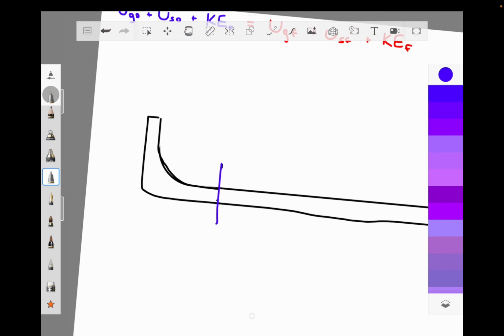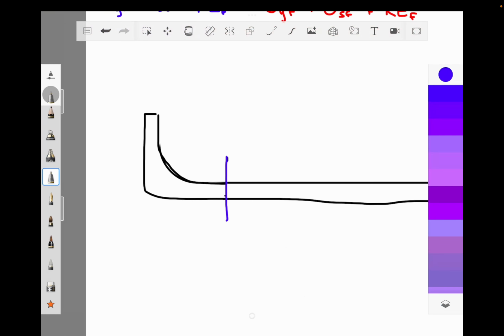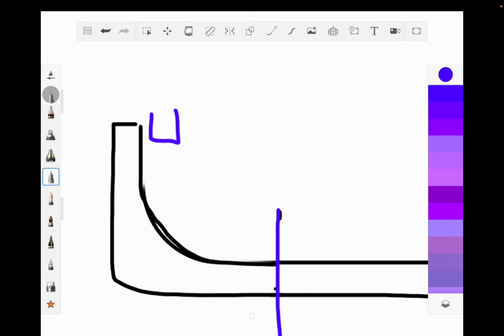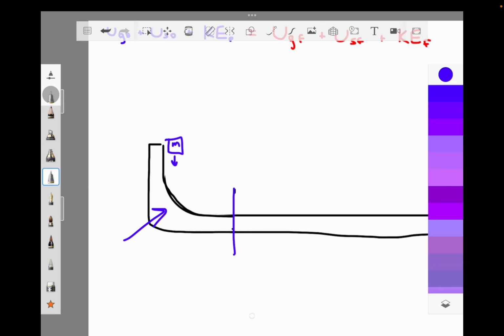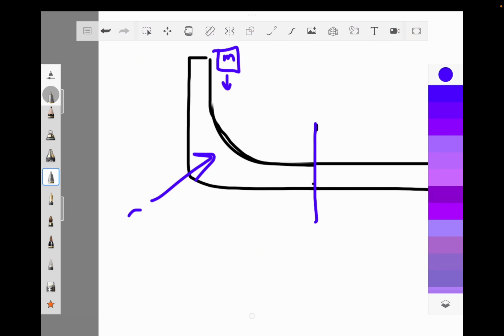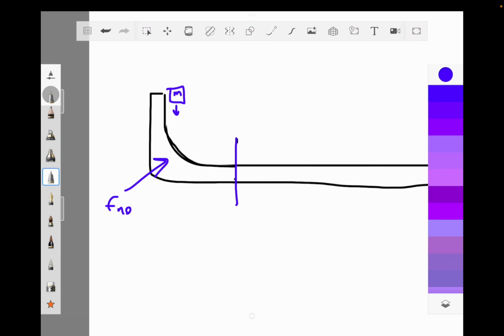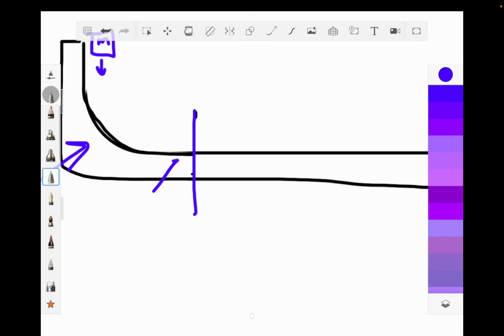So let's say you have this curve right here, and there's a block of mass M, and it goes down, slides, and goes that way. Let's say on this banked curve there's no friction. And then past the curvature, right here, there is friction.